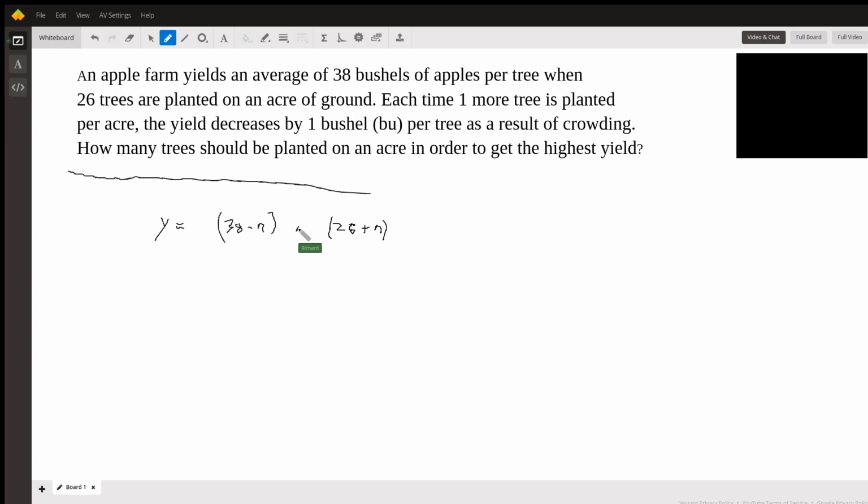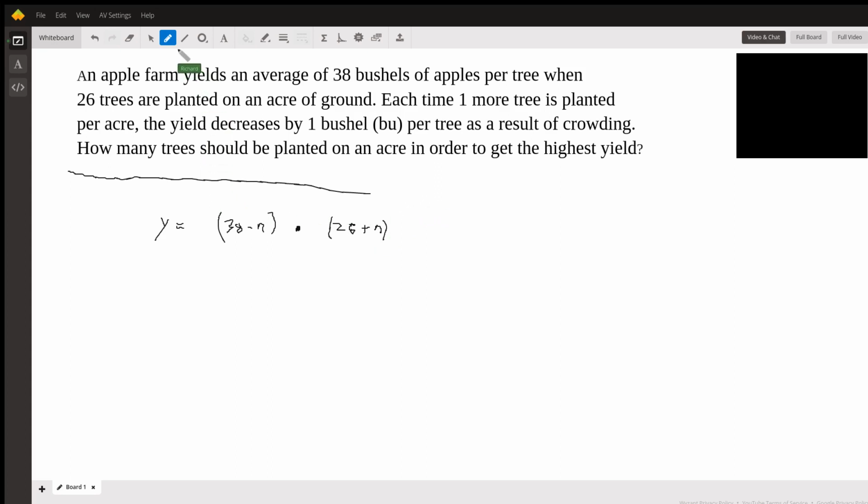So this is what's happening. The yield goes down per tree, and the number of trees increases. So that's it. That's the whole expression.